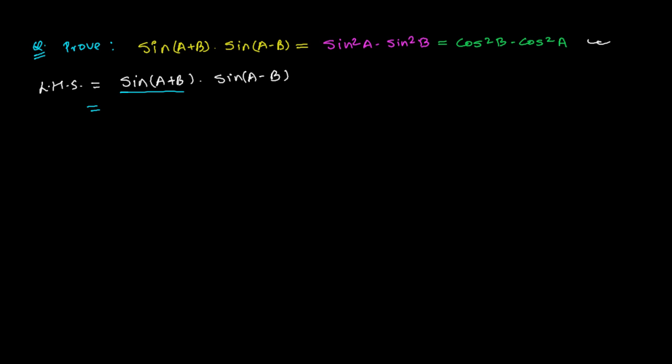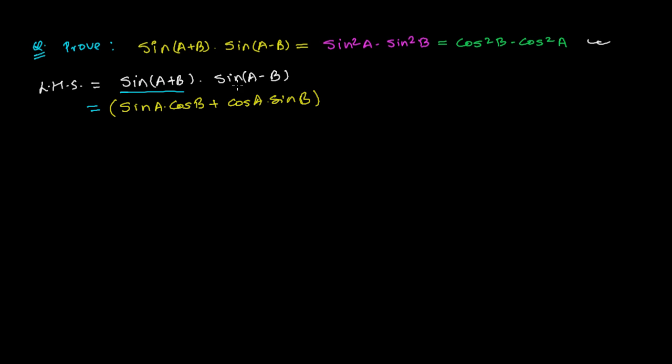The formula for sine(a plus b) is sine a cos b plus cos a sine b.